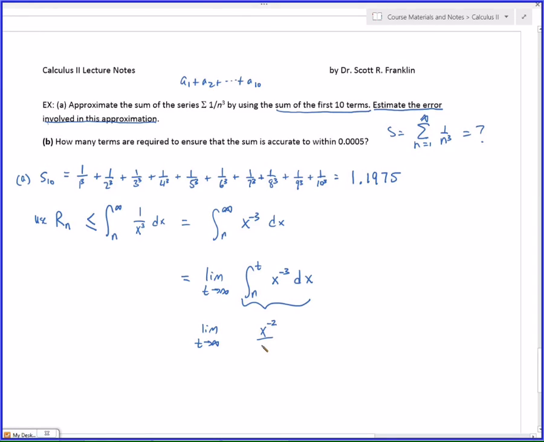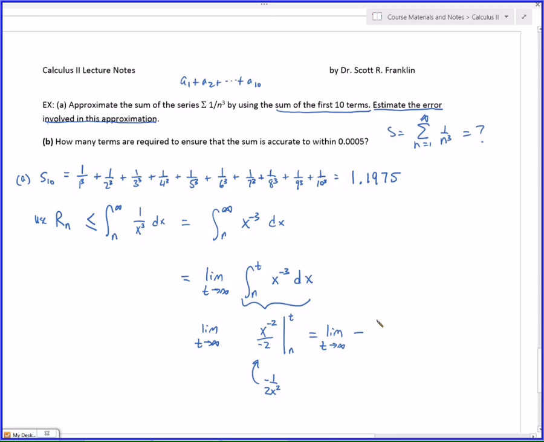Not 3. Now you add 1 and then divide by that. Negative 2. Add 1 and divide by it. From n to t. So, by the way, I'm going to rewrite this as, I think it's negative 1 over 2x squared. That makes it a little easier to plug in my limits.